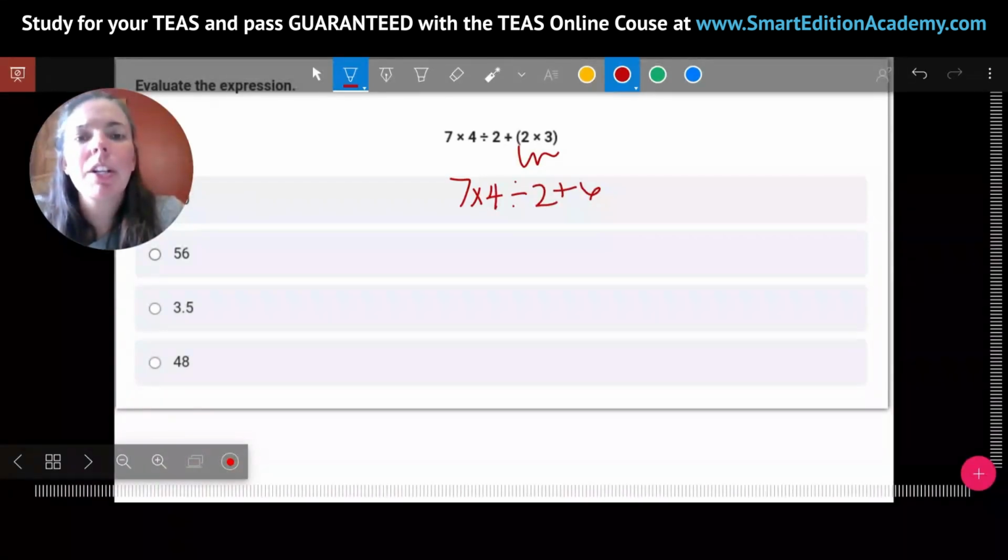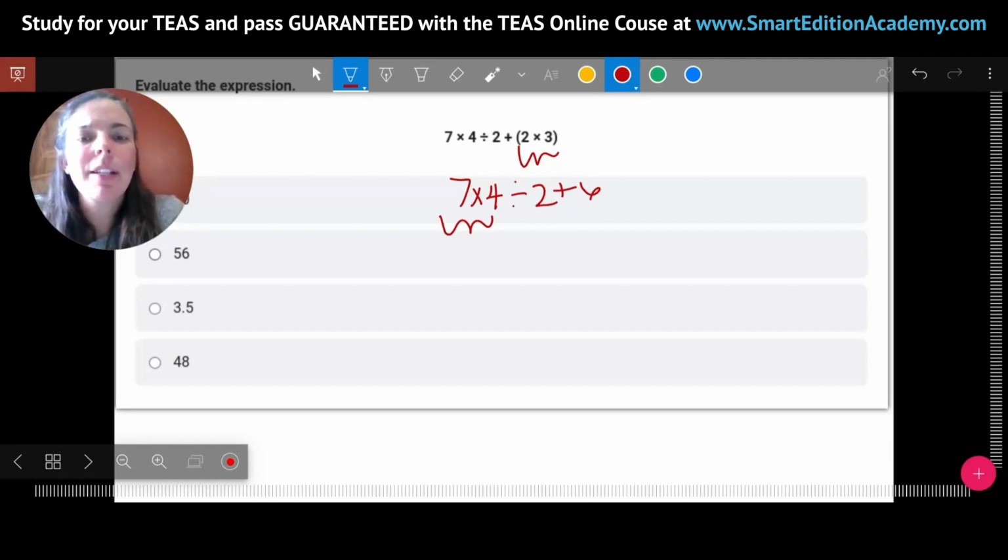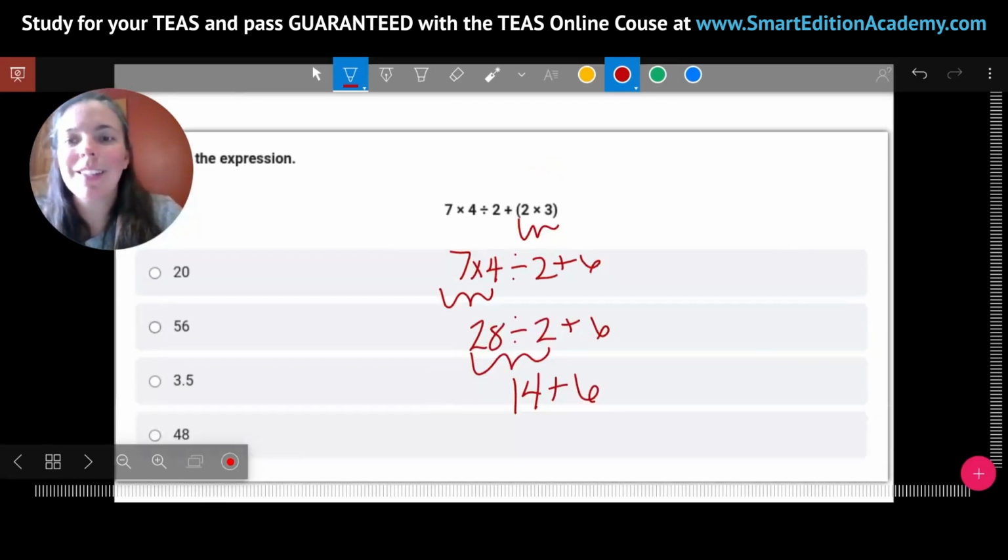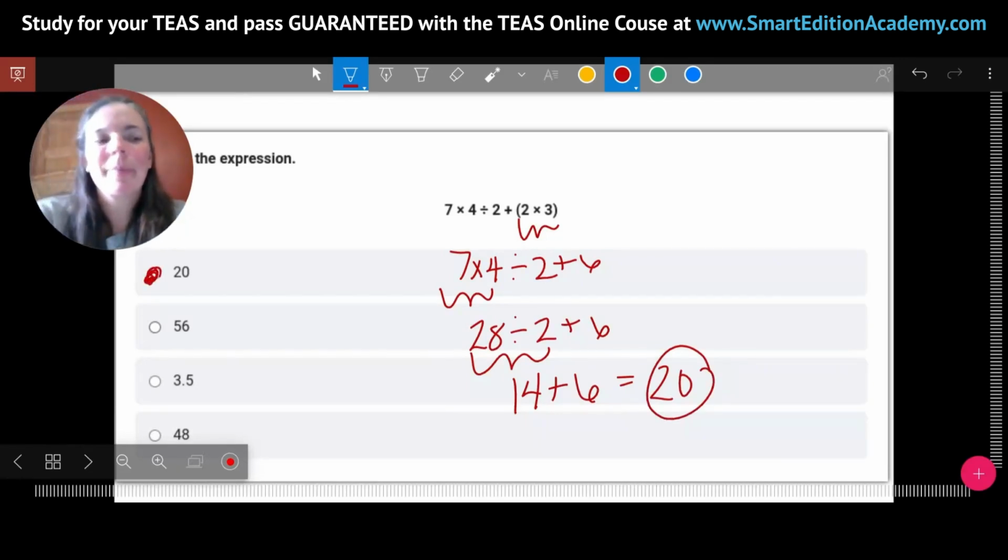Okay, and then multiplication and division is the next thing because there's no exponents. So I see 7 times 4 first, which is 28. 28 divided by 2 is 14. 14 plus 6, oops, sorry, my face is in the way, which gives us an answer of 20. So hopefully you got 20, and there it is. Okay, so order of operations, PEMDAS, multiplication, division, addition, subtraction. Make sure you go left to right. That is the most common mistake that I see.